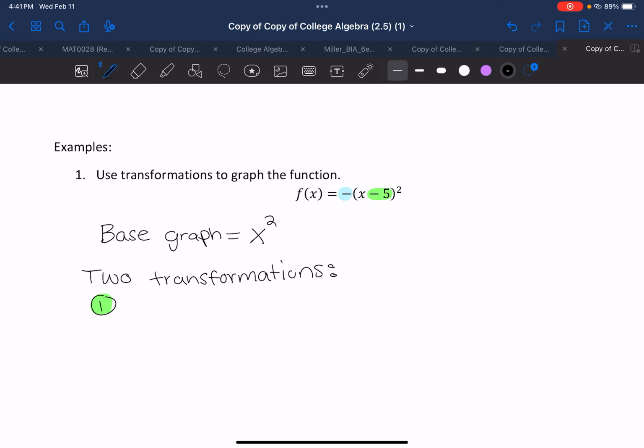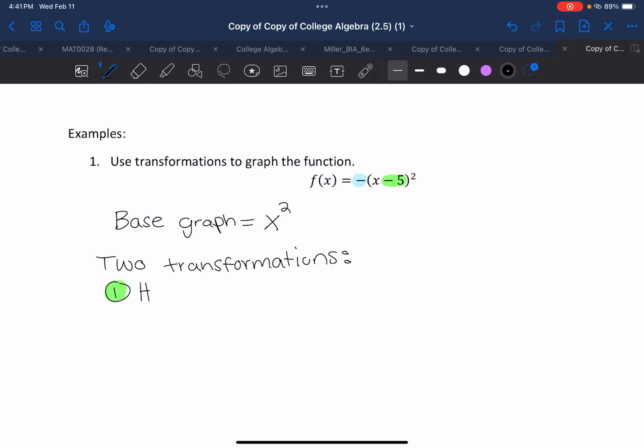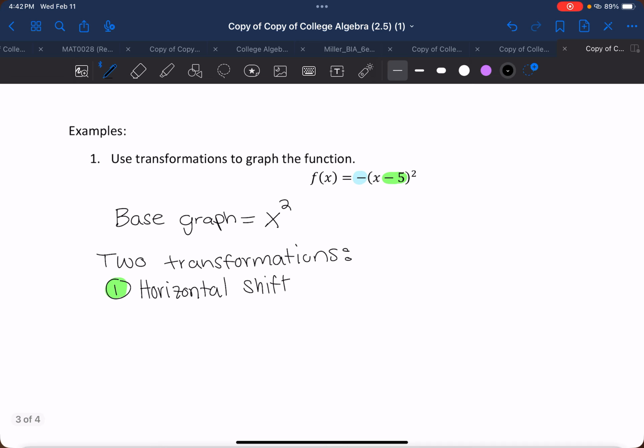And that is a horizontal shift. And remember, I said if it's directly to the x, it's kind of backwards intuitive. So I'm subtracting 5. You'd think that maybe would move it left, but actually it moves it to the right. So this is a horizontal shift to the right 5 units.